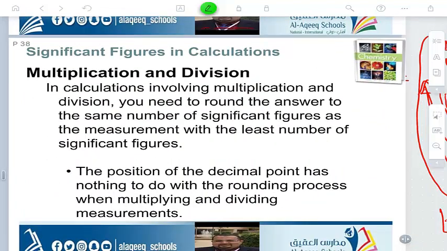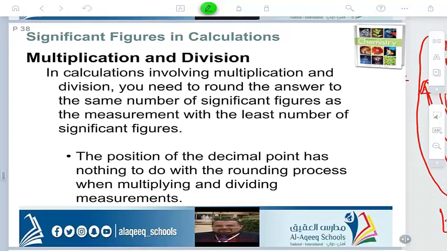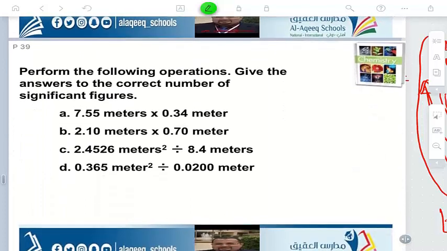What if we have multiplication and division of numbers? How can we deal with significant figures? In the calculation of multiplication and division, you need to round the answer to the same number of significant figures as the least one, the least number. How come? Let's see this example.